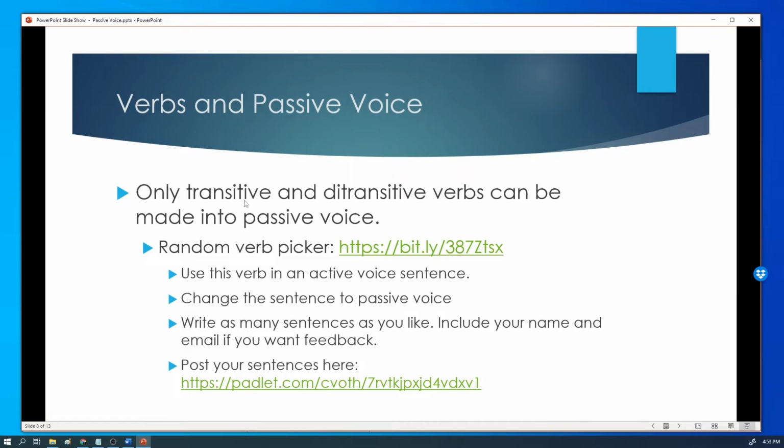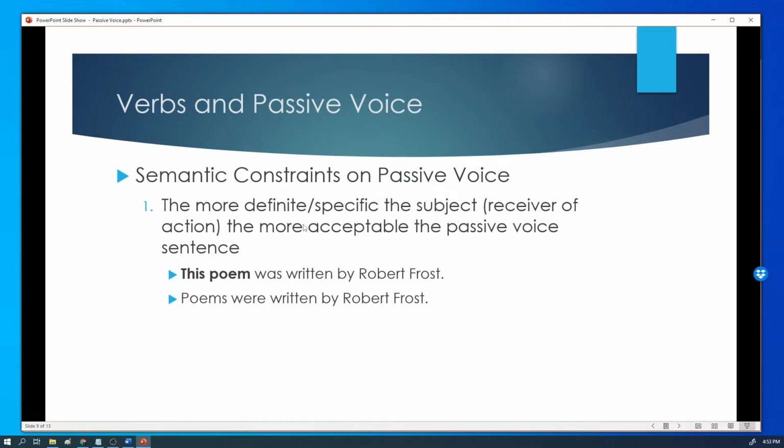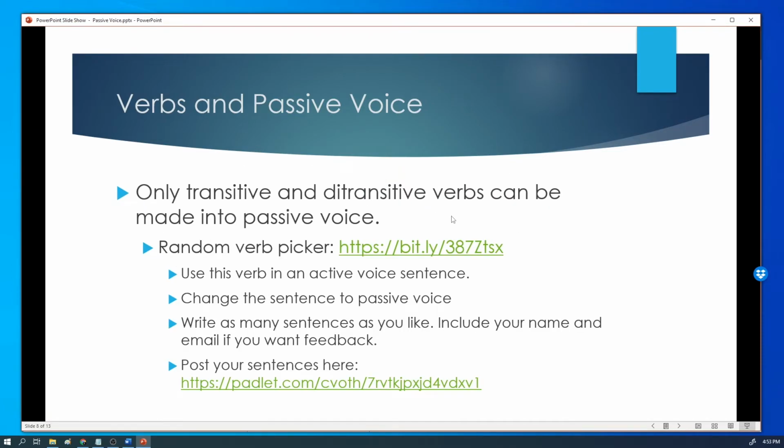Okay. Only transitive and ditransitive verbs can be made into passive voice. Ditransitive verbs are verbs like give. Okay, active voice. The girl gave the boy a gift.